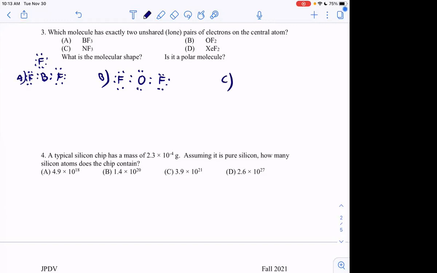NF3, once again, halogens look just like hydrogens. This will look just like ammonia, NH3, only the fluorines will have octets instead of 2 electrons. And you should realize, okay, right off the bat, it's only going to have 1 lone pair, right?